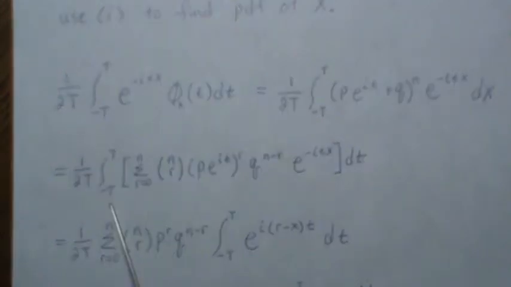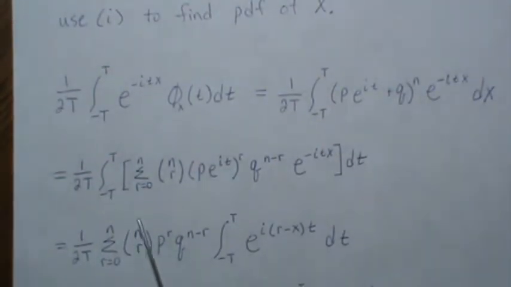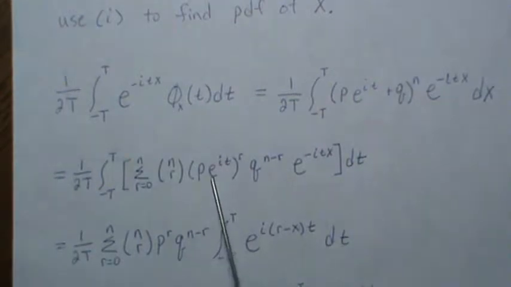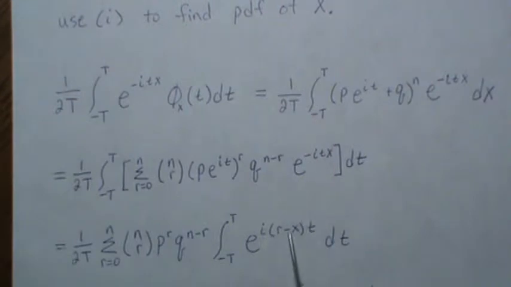Now it's a linear operator, so we can take it in, but we have to keep everything over here that has a t, because then it's not a constant and can't be taken out front. So that's a constant. The e here, we'll have to pull in the t, and that's why we get this r minus x. The p to the r comes out, q comes out, and this e and that e combine to be this.